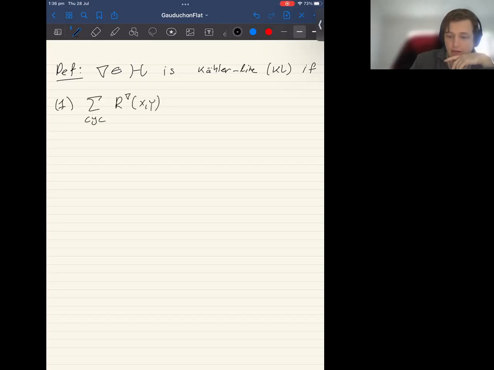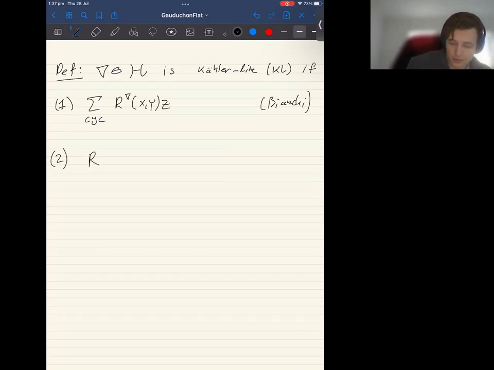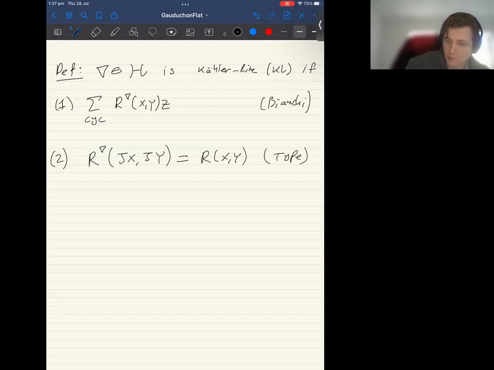Okay, this is satisfied by the Riemannian curvature tensor. And so we ask if there exists some Hermitian metric which satisfies that. And also there's a type condition, right? So we want the first two entries to be Hermitian, like this. We'll call this the type condition.